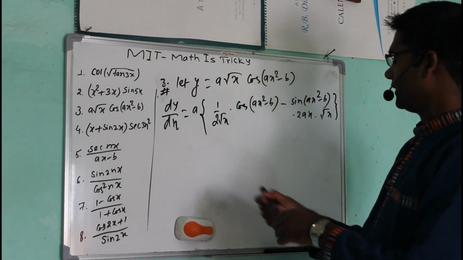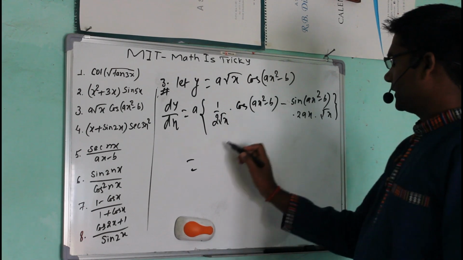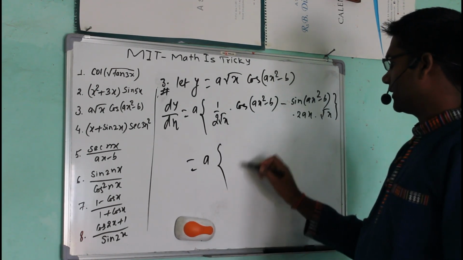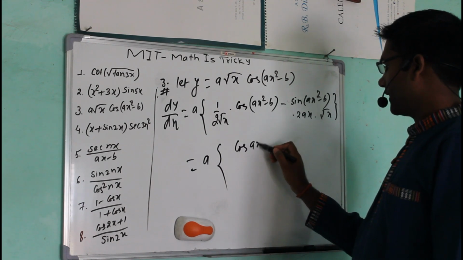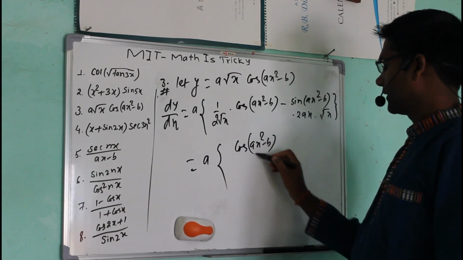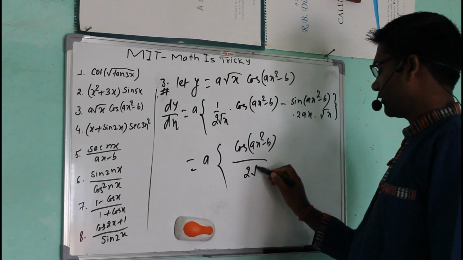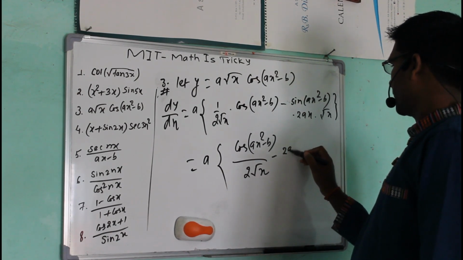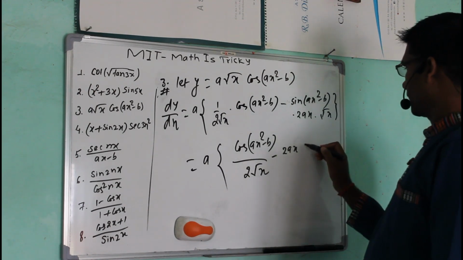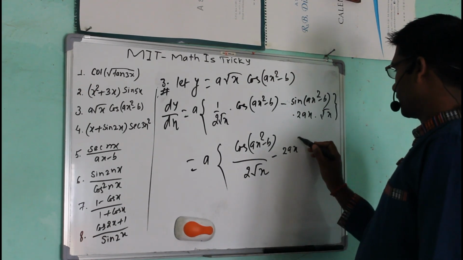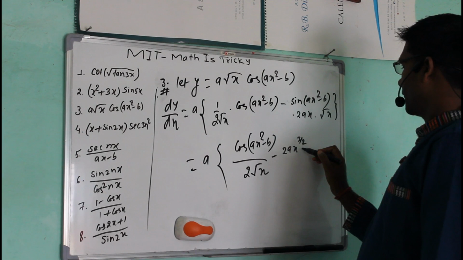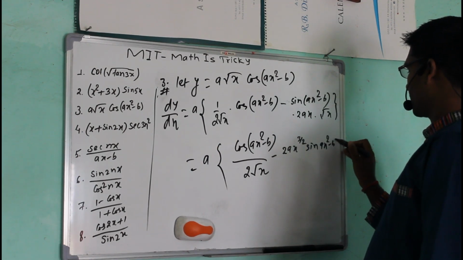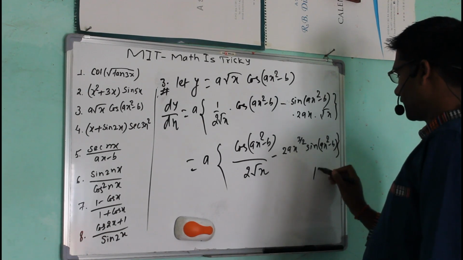We can write a outside, so it will be cos ax square minus b by 2 root x, then minus 2ax, and then x and x to the power will be 3 by 2, and then sine ax square minus b. That's our answer.